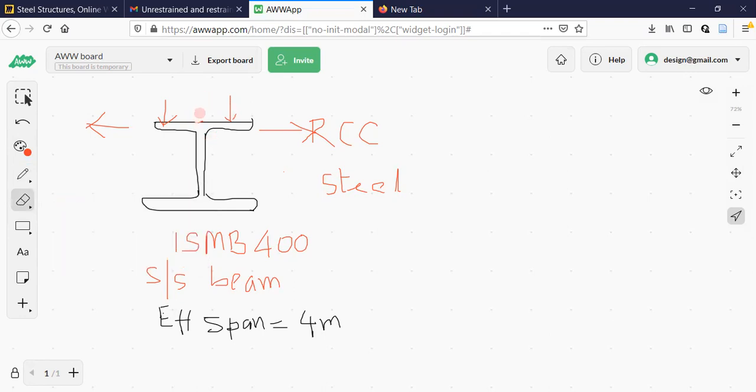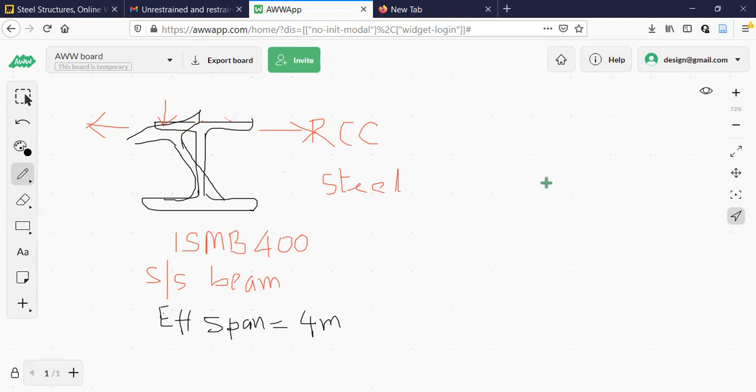If I remove these two, imagine only this force is there, there is every chance of the deflected shape becoming like this. So this is not permitted. This is not going to happen. Adequate measures are taken so that there is no lateral movement. So, laterally supported or restrained.